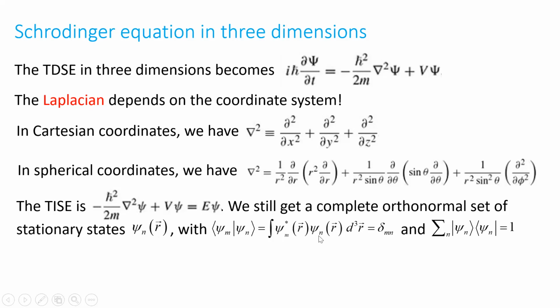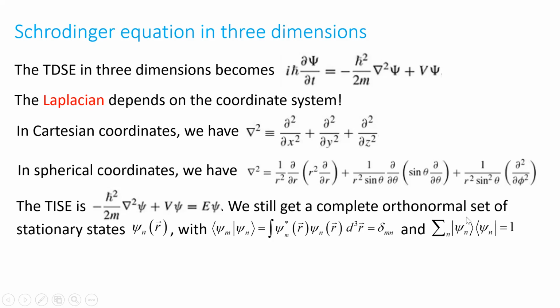If m is not equal to n, then these two are orthogonal and we get 0. So this expresses orthonormality. And the completeness, as you might remember, is expressed by the sum over all the stationary states of the projection operators, psi n ket, psi n bra, being equal to 1.